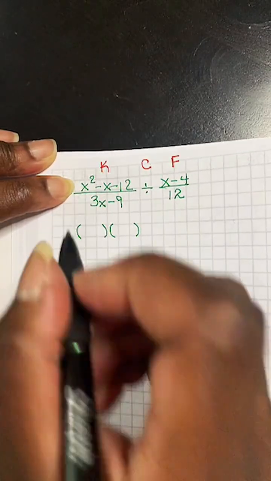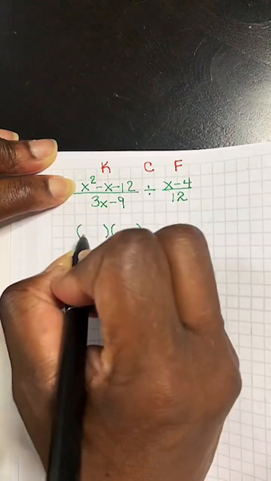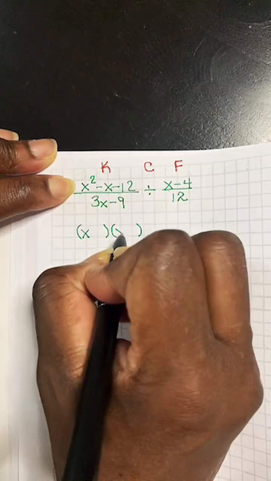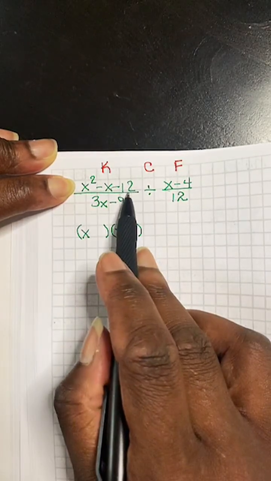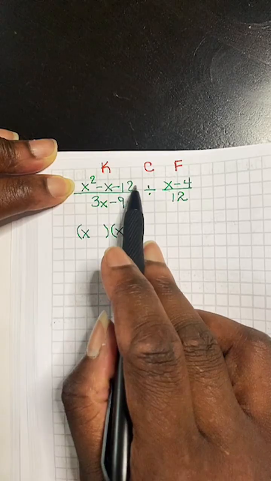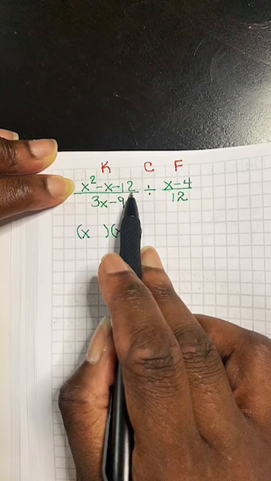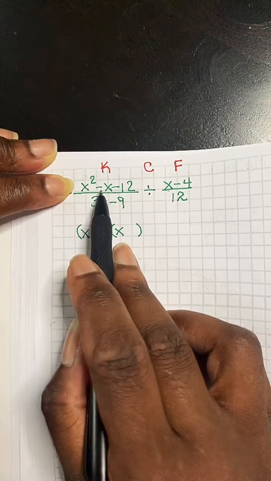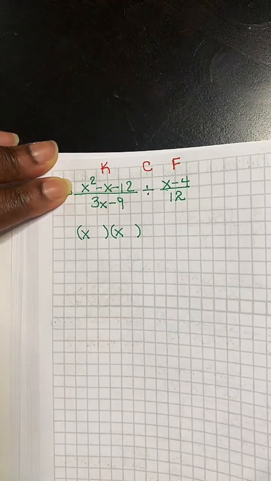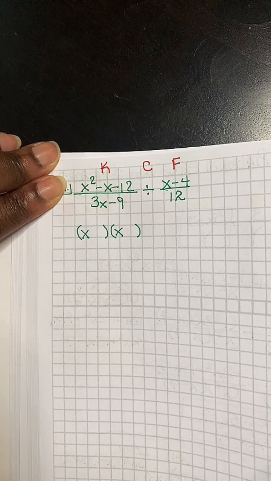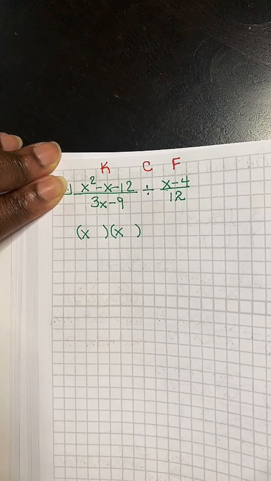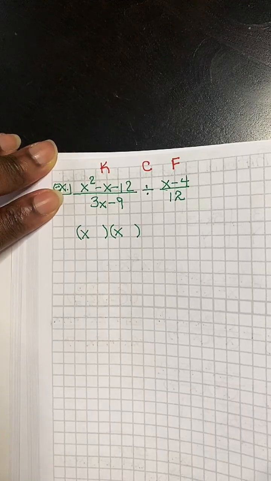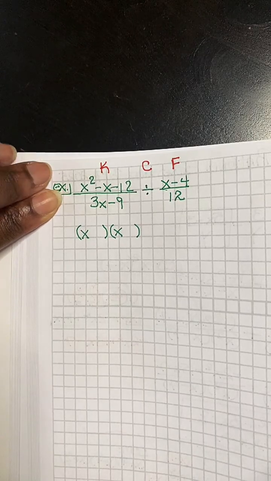The leading coefficient is 1, so I can split my x's. What two numbers multiplied together give me a negative 12 and add together to give me a negative 1? Aaron says negative 4 and 3.